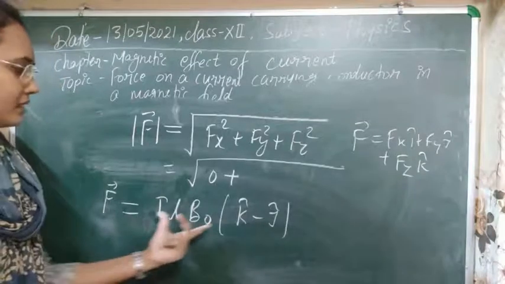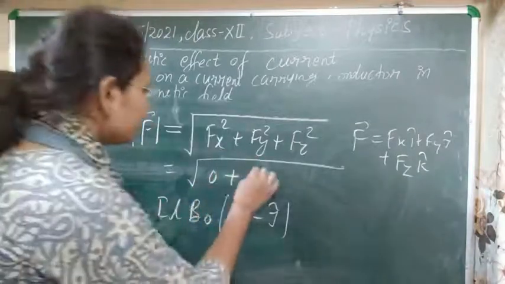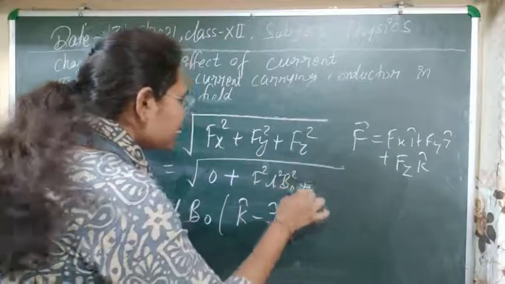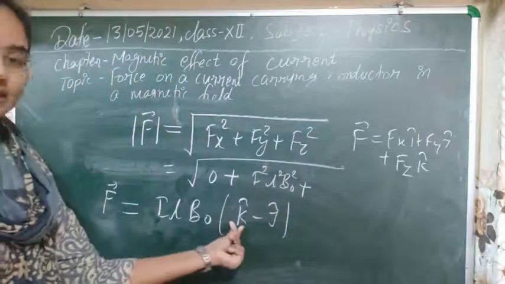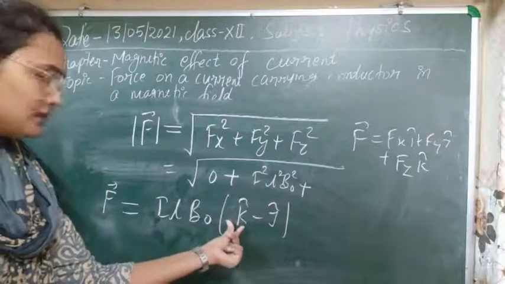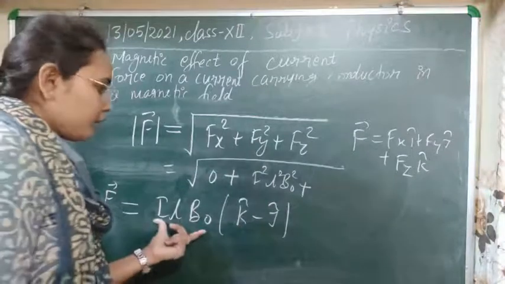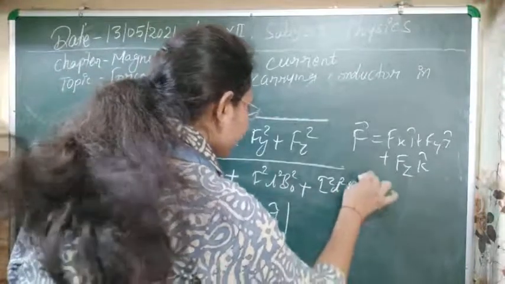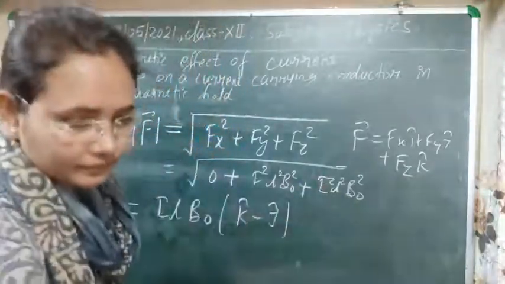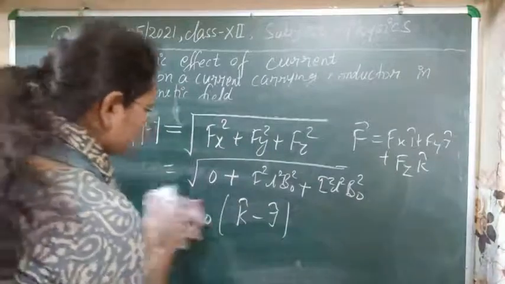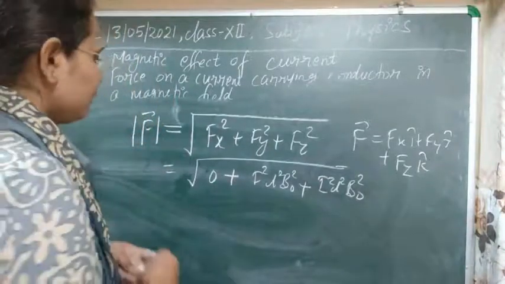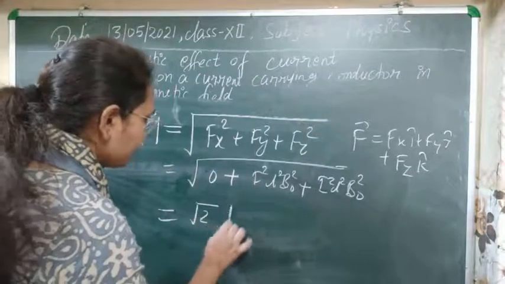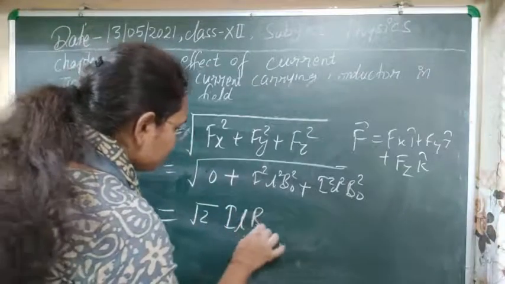So minus ILB0, its square is equal to I square L square B0 square, plus Fz, meaning the component of force along the z direction. This is I square L square B0 square. Now if you solve it, then we obtain root 2 times I, L and B0.